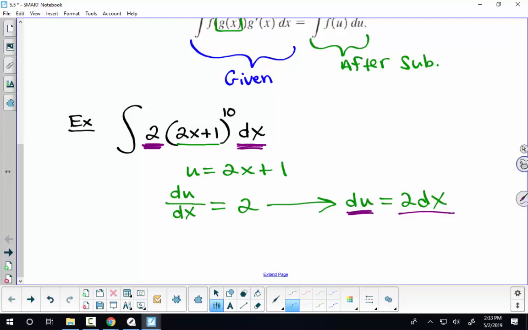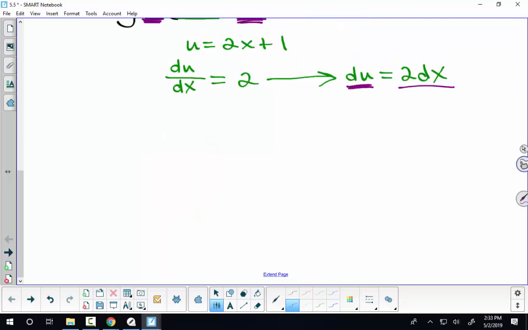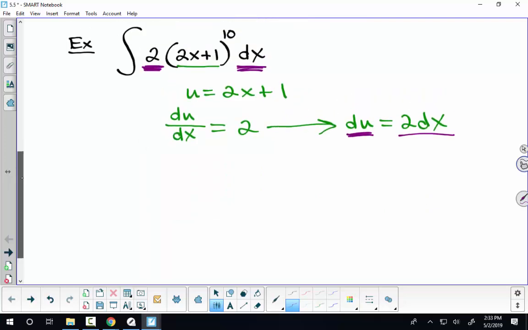The other part, (2x plus 1) to the 10th, we've already seen that that's going to turn into just u to the 10th. So the original integral is now equivalent to the integral of u to the 10th with respect to u. Does everyone see that? Are there any questions at all?